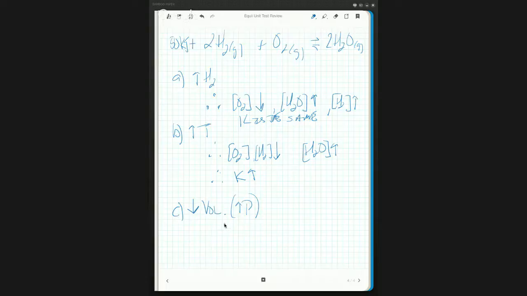Therefore, it's just like B: O2 and H2 concentrations decrease, and the concentration of H2O increases. K stays the same. It only changes with temperature.